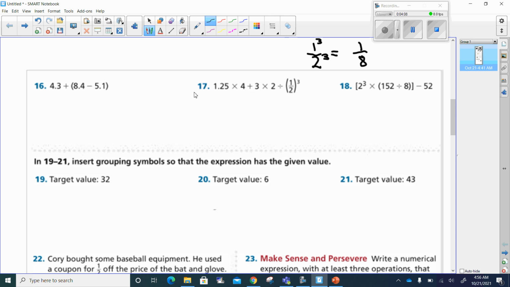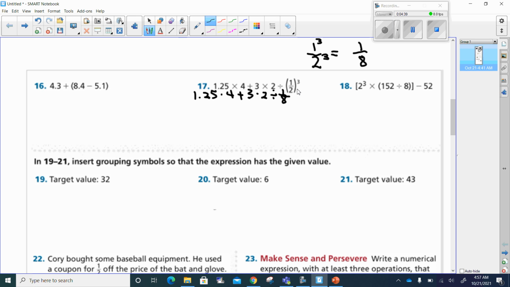I can rewrite this to show that I have 1.25, I'm multiplying that to 4, I'm adding it to 3, I'm multiplying it to 2, and I'm dividing it by 1/8. Whew, that's a mouthful.